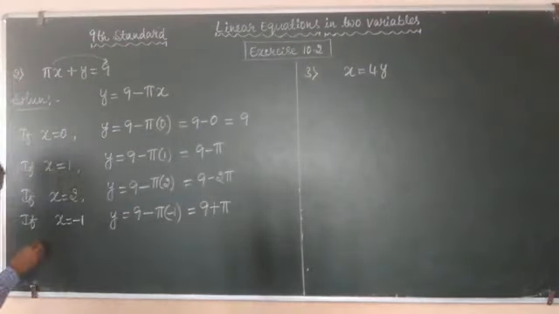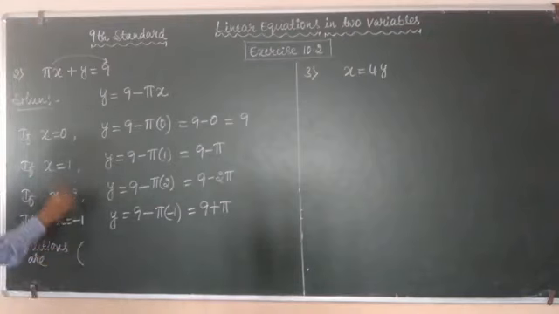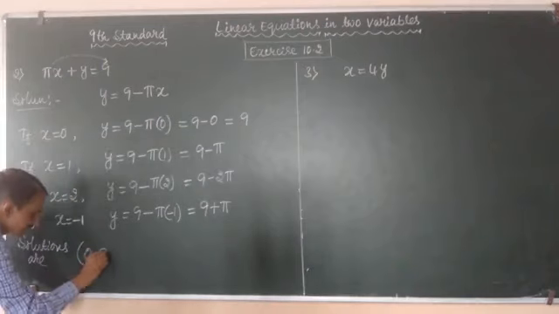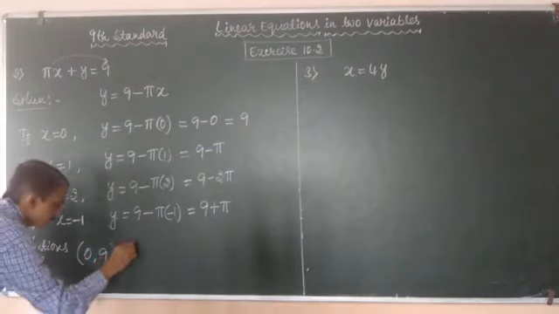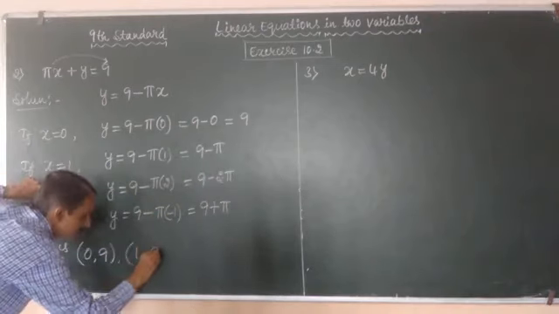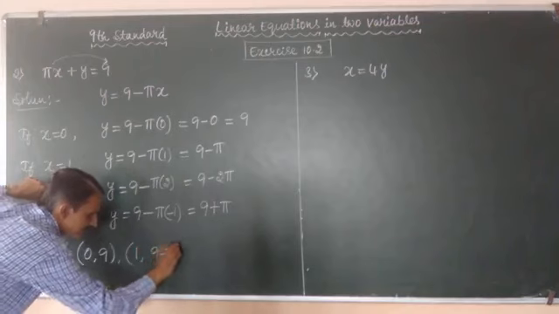So therefore the solutions are: if x equals 0, we have y equals 9. For x equals 1, we have y value 9 minus 5.